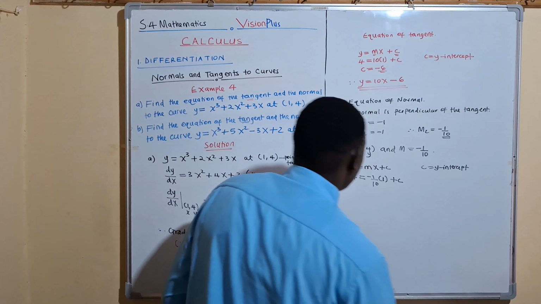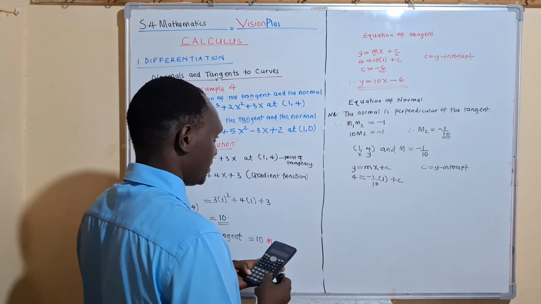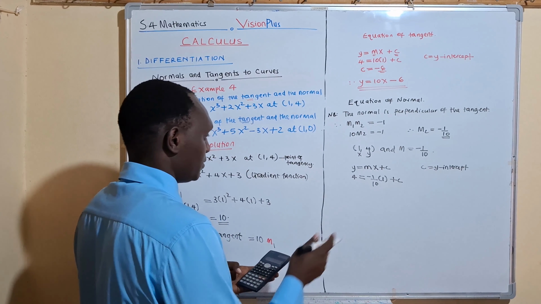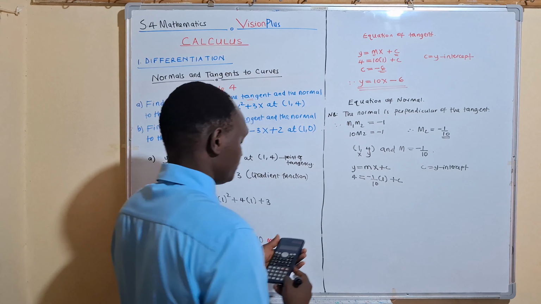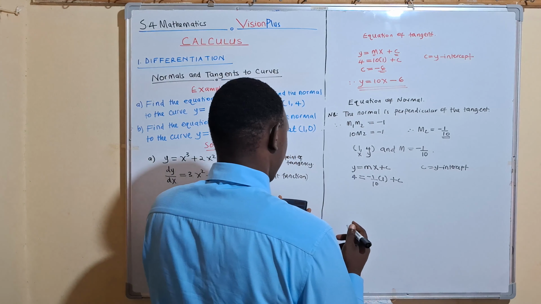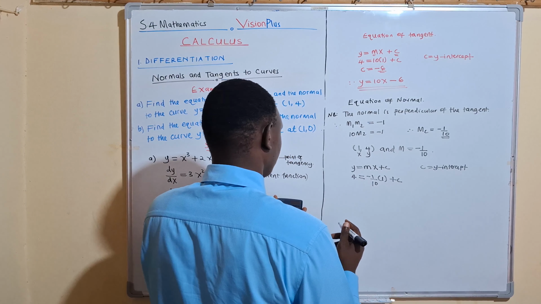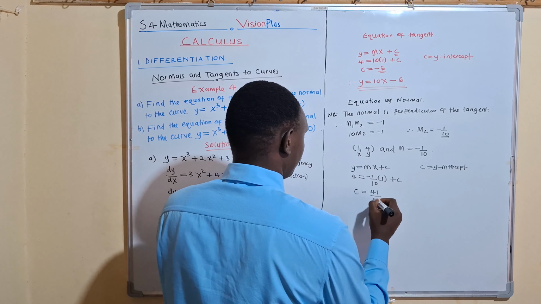Then from here we can find c. So c, negative 1 divided by 10, we take it that side, it will be addition, so plus 4. So I'm getting c equals 41 out of 10.